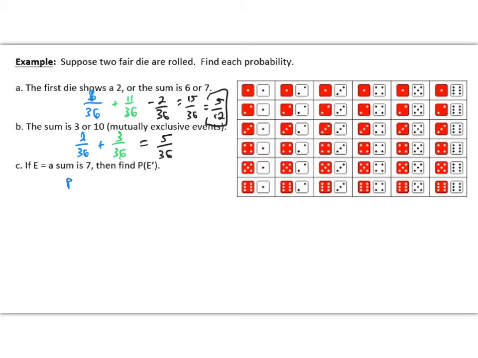The probability of rolling a 7, as we discussed on the previous slide, is 6 out of 36, or 1/6. So the probability of not rolling a 7 is the difference between 1 and that probability, which is 5/6. Not all that hard to do. Complements are pretty easy. The union rule is a little more challenging.